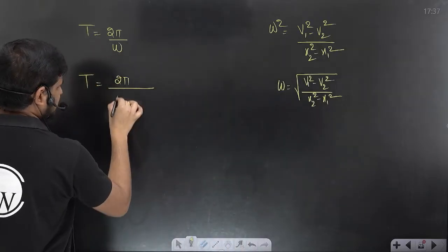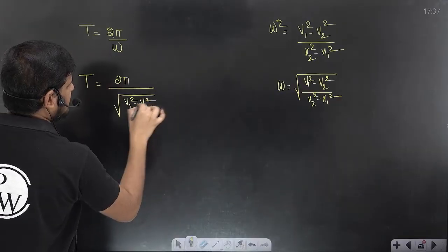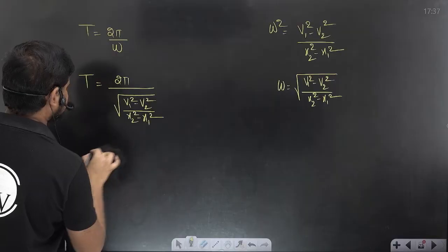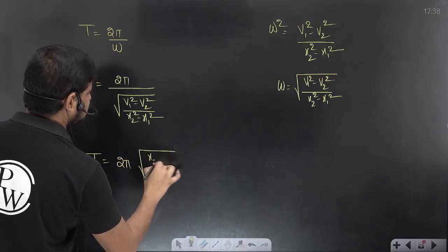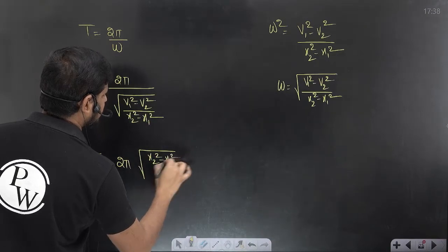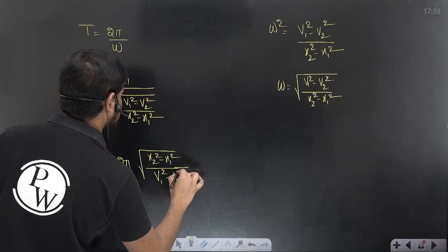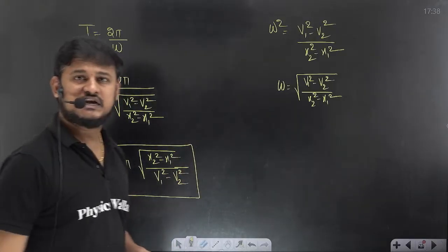So it comes out to be 2 pi into root of x2 square minus x1 square by v1 square minus v2 square, right? Understood everyone? Clear? Chal.